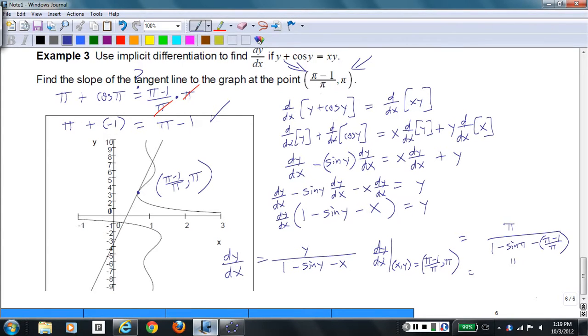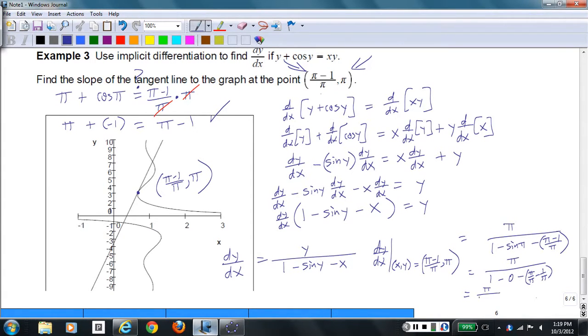This equals pi over 1 minus, what's the sine of pi? 0. Sine starts at 0, and then over at pi, it's equal to 0 again. So it's 0 minus, I'm going to write this as pi over 1 minus (pi minus 1)/pi.